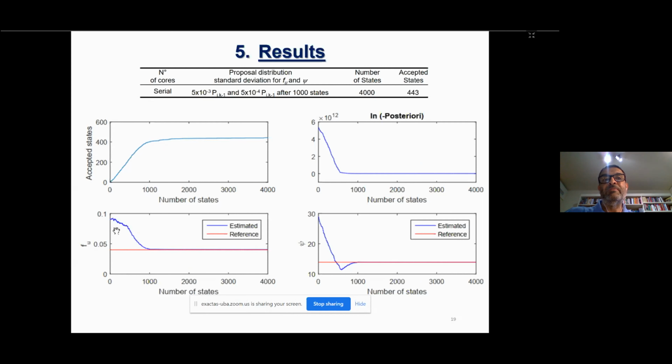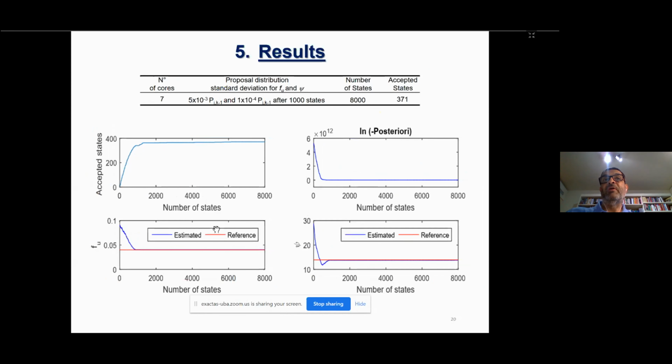But after these values are reached, we can see that the acceptance rate of the Metropolis-Hastings algorithm drops a lot. And we see in this figure that the posterior distribution actually reaches a very small value as the Markov chains evolve.